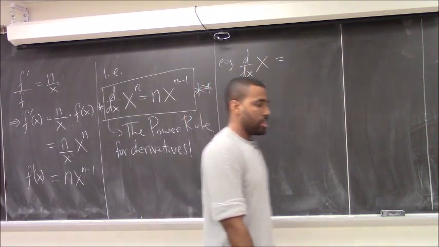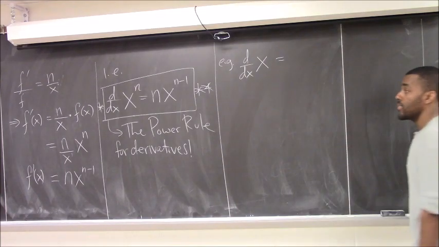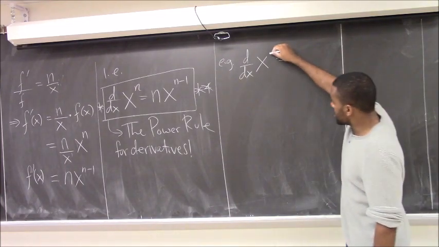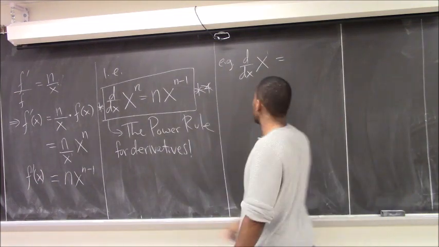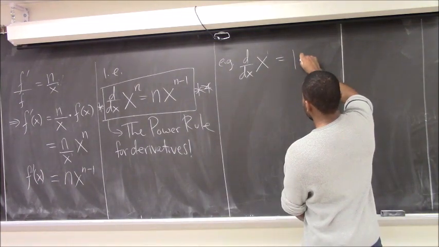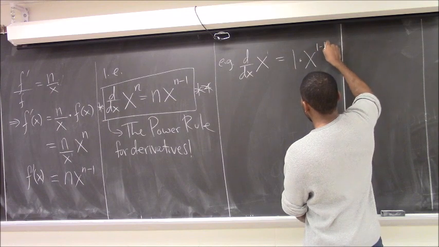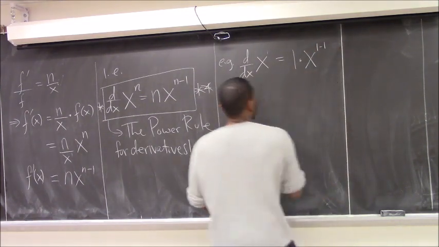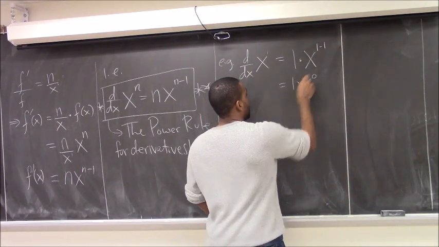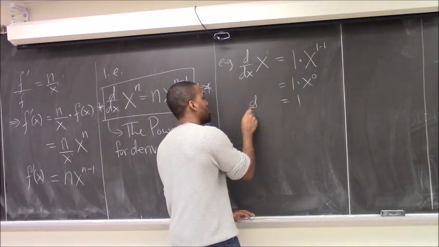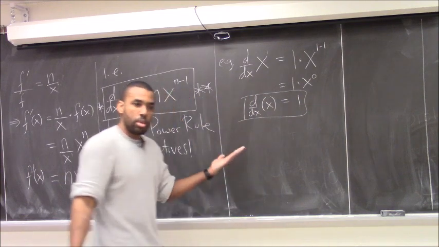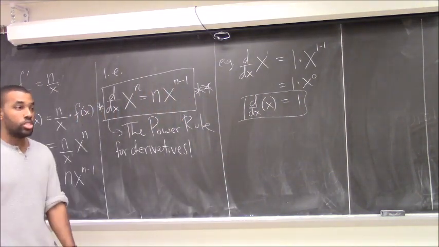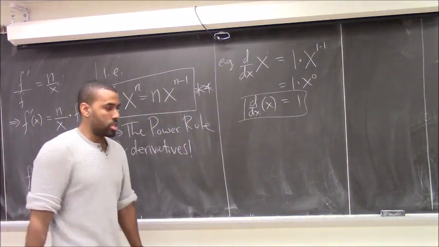This is x to the 1, so by following the power rule, it becomes 1 times x to the 1 minus 1. That's just 1 times x to the 0, which is 1. So the derivative of x is 1. We knew that before with the limit definition; it took a while, but now with the power rule, it's very short.